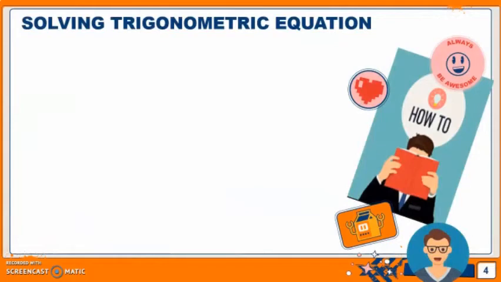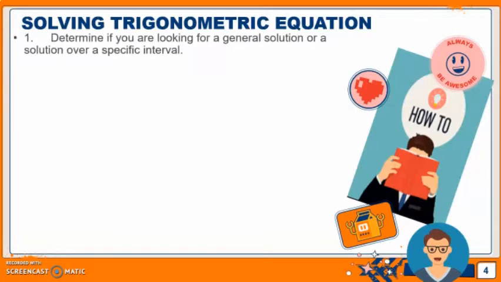In solving trigonometric equation, these are the following things to remember. First, you determine if you are looking for a general solution or a solution over a specific interval. In this lecture, we will just focus on the solution over a specific interval.